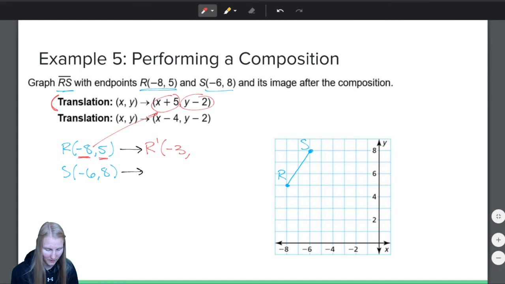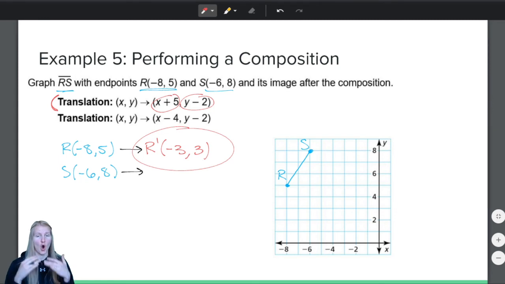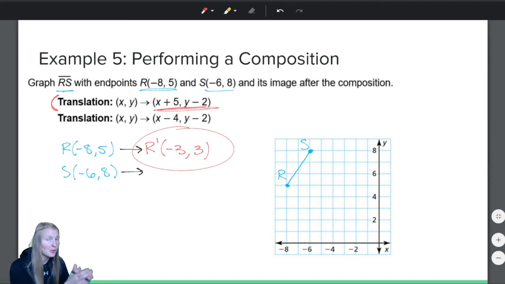And if I take 5 and subtract 2, I get 3. And that's how we can get the coordinates of R prime. So, I take my x coordinate and add 5. I take my y coordinate and subtract 2. Just like the rule tells me to. That's why it's called a rule, it tells me how to get from the pre-image to the image.